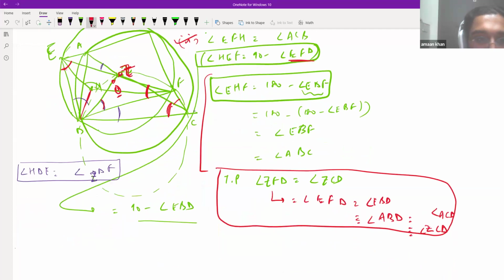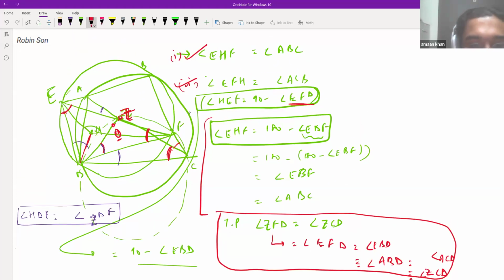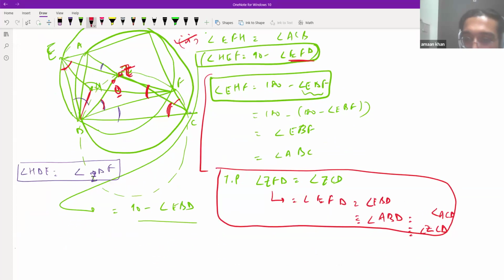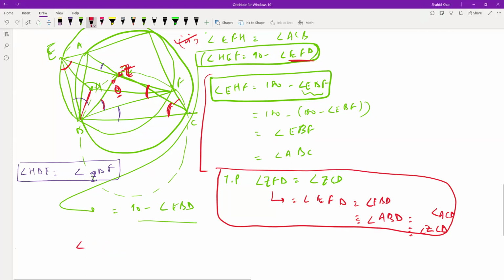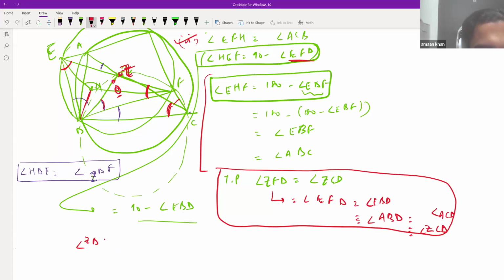I'll just repeat what he said. After proving ZFCD is cyclic, angle ZDF is equal to angle ZCF because it's cyclic, and ZDF is equal to angle ODF.